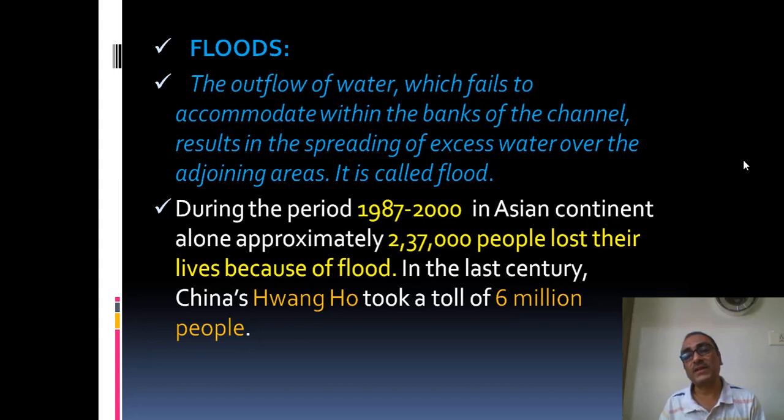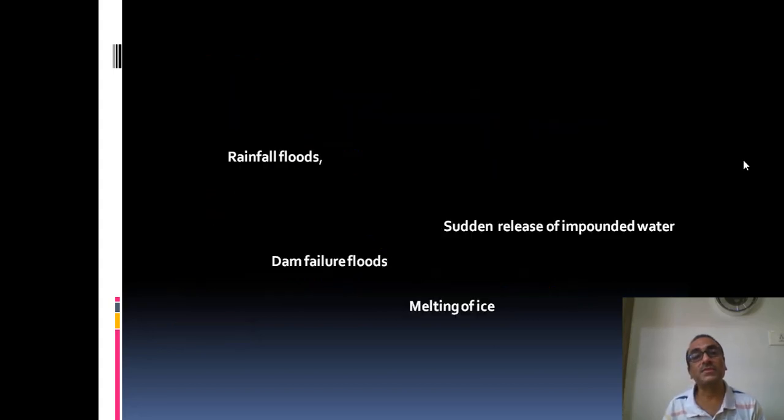So in the last century, China's Huanghe River flooded devastatingly, and around 6 million people lost their lives.